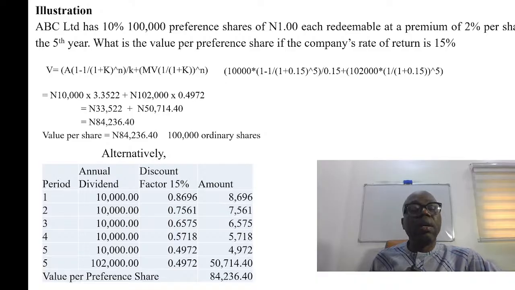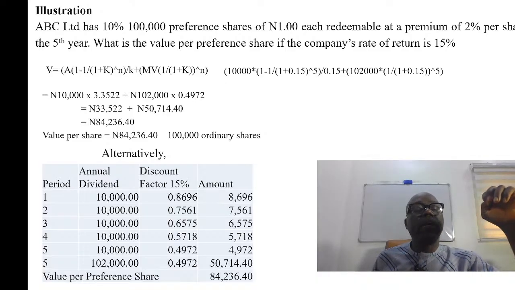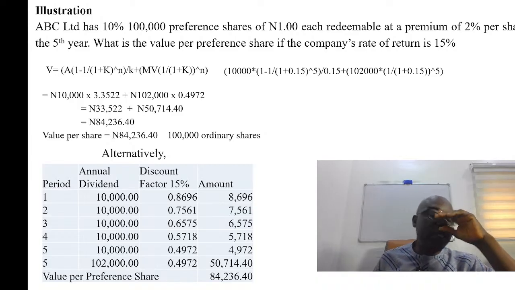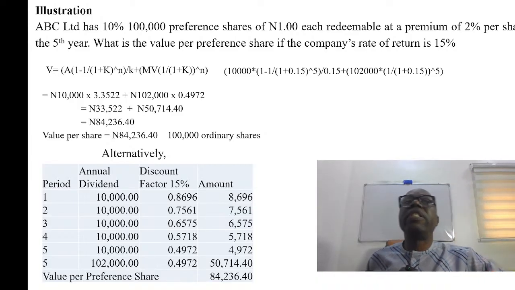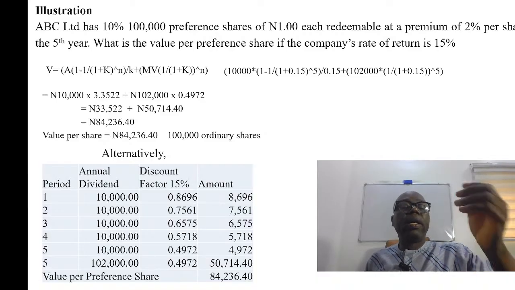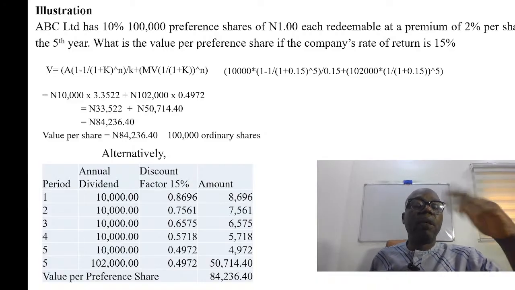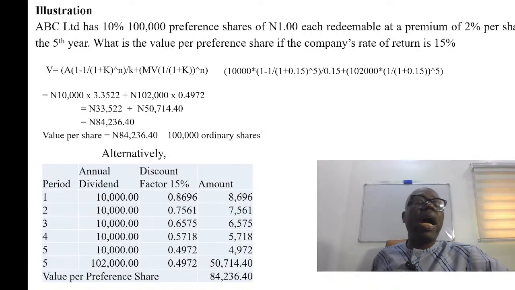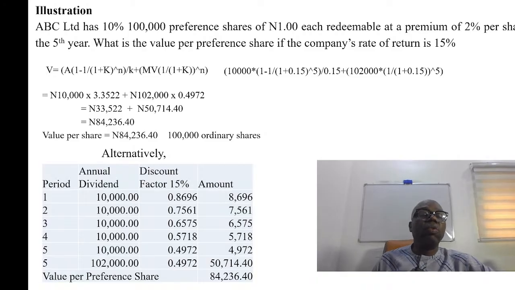I took 4 decimal places. In a case like this, the more decimal places you get, the more accurate your work is. If you take smaller decimal places, your difference might be high. But the longer decimal places you take, the more accurate the result will be.